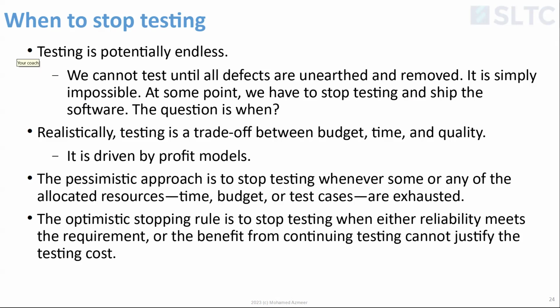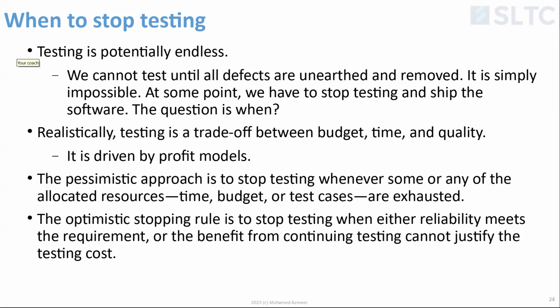Now, what do you mean by trade-off? Trade-off means there is something on the left, something on the right. So when you pull towards the left, the right-hand side also gets dragged onto you. So it's a trade-off, we say. Trade-off meaning when you pull from one side, the other side goes away. So trade-off between budget, time, and quality.